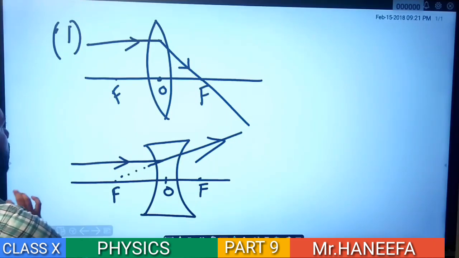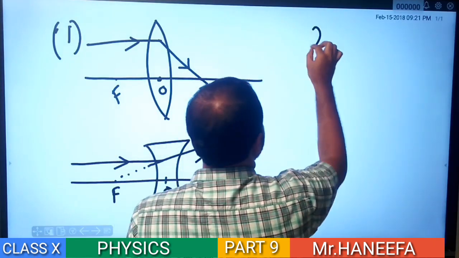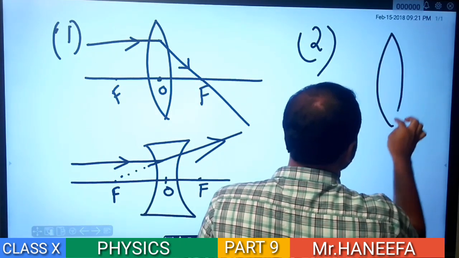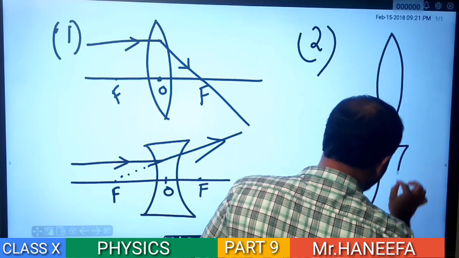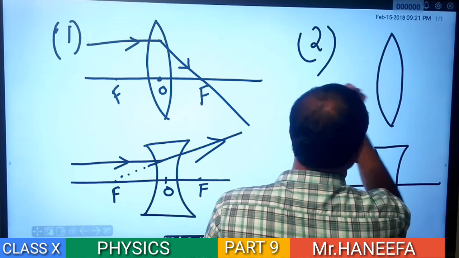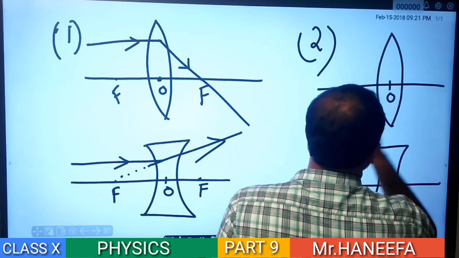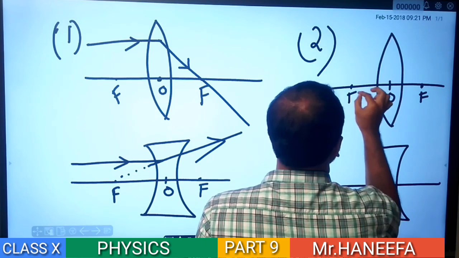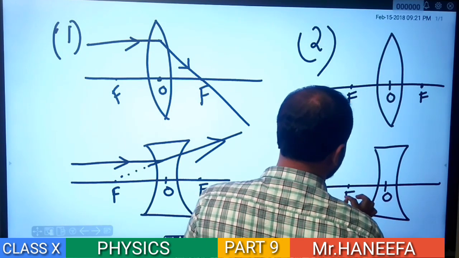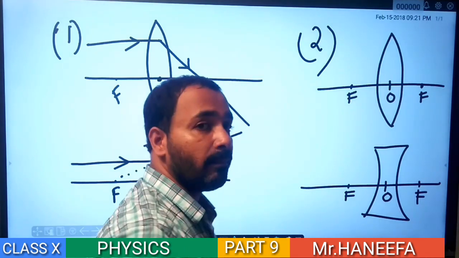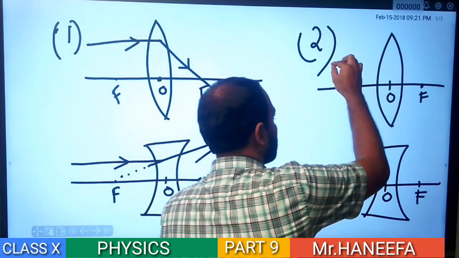Next is the second rule, in the case of convex and concave lenses. Optical center, principal axis, focuses. Second rule is a ray passing through the focus.